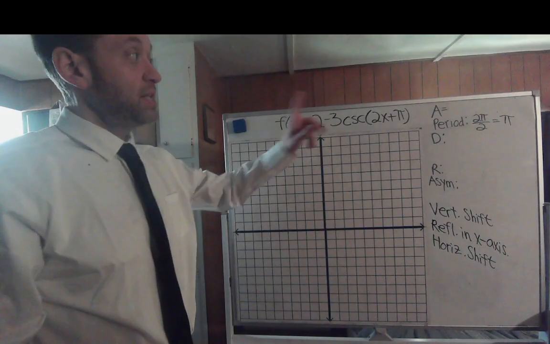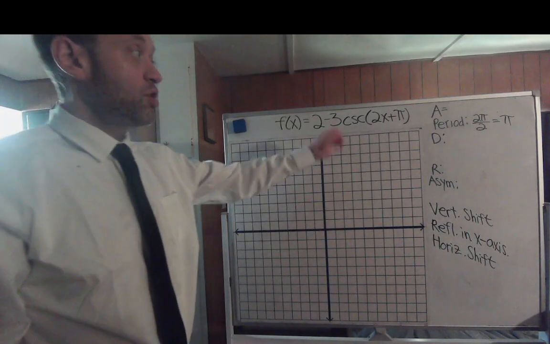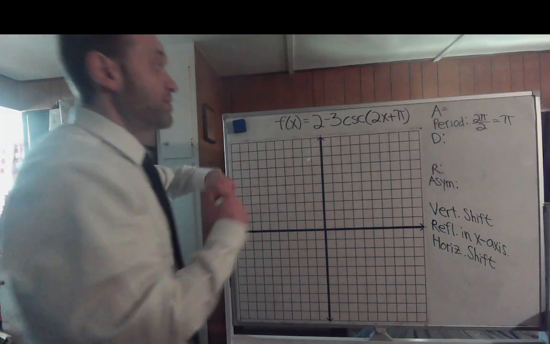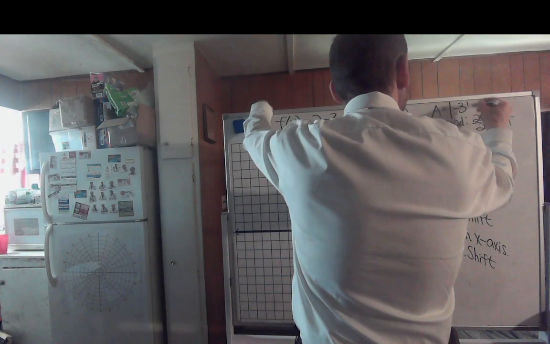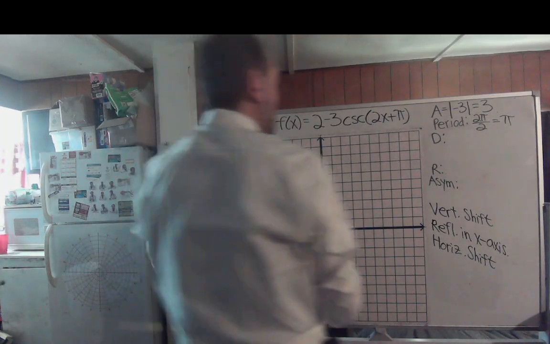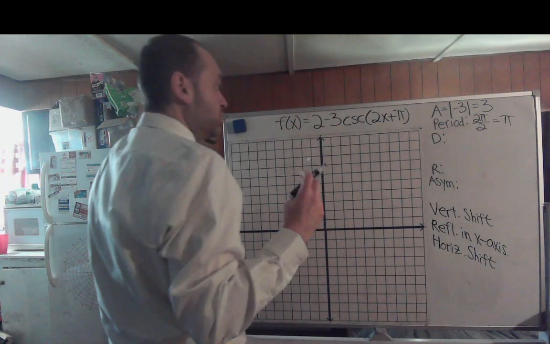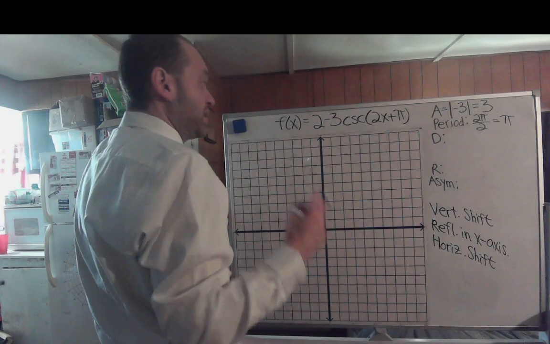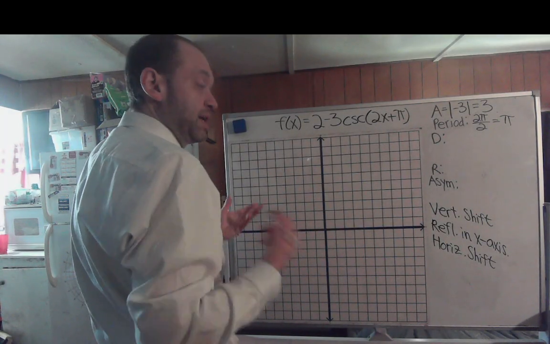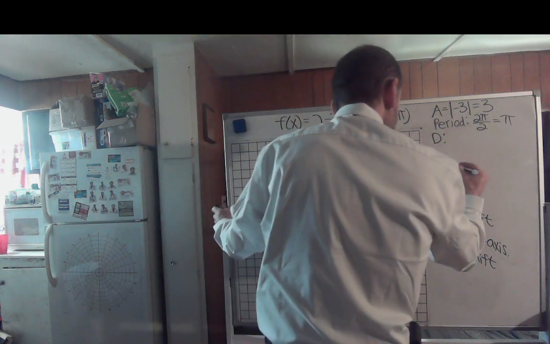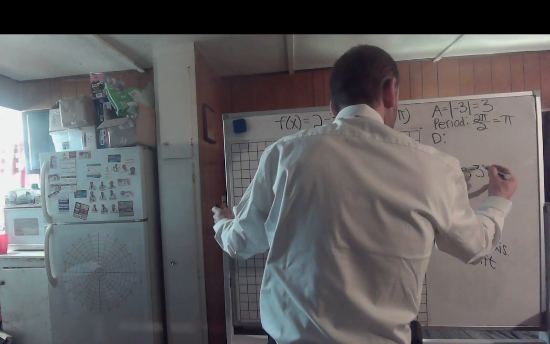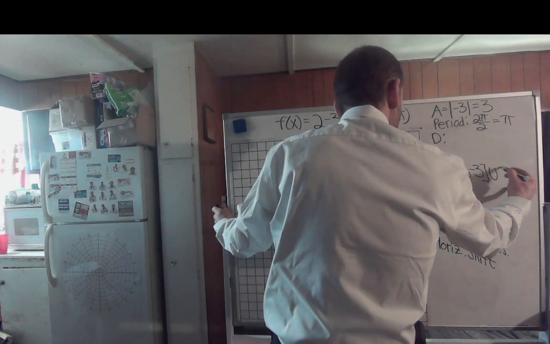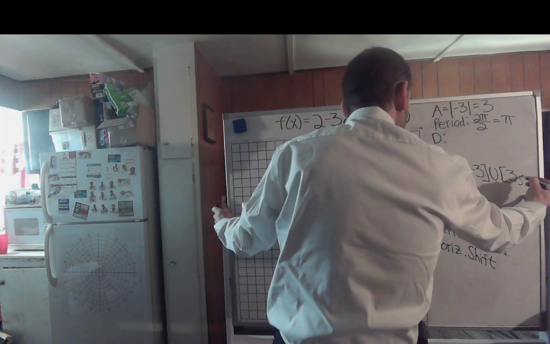Well, let's look at the amplitude. The coefficient on the cosecant is negative 3, so the amplitude would be the absolute value of negative 3, which would give you an amplitude of 3. So that is going to affect your range, which would normally be negative infinity to negative 1, and turns into negative infinity to negative 3 in union with positive 3 to infinity.